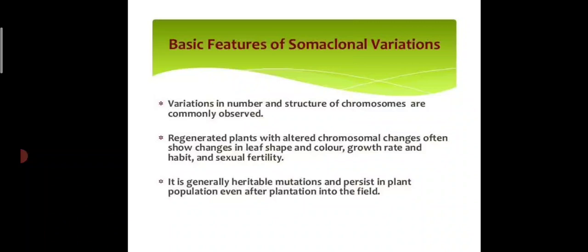And generally heritable mutations will happen more commonly, and they persist in the plant even after planting to ex vitro conditions. So the basic features of somaclonal variations, we can list under 3 points: variations in the number and structure of chromosomes, altered chromosomal changes, and heritable mutations. The changes which are happening may be heritable also.